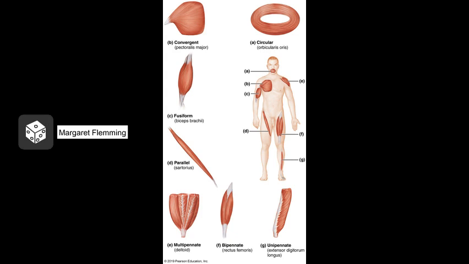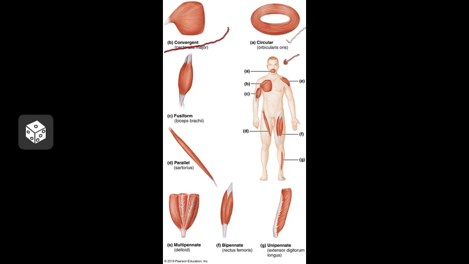If you recall, back in chapter 9, we talked about how an entire muscle organ is made up of fascicles. Well, when we take a closer look at various muscles, we realize that those fascicles can be arranged in a variety of patterns. This slide shows you the variety of patterns, with the circular that we see in orbicularis oris as well as orbicularis oculi.